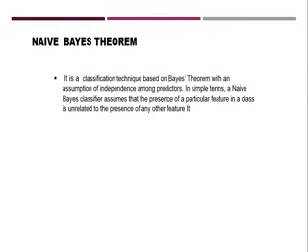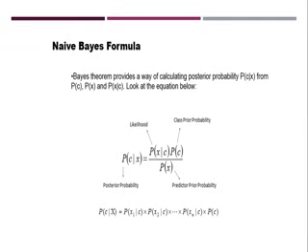Question number 4. Disadvantages of the Naive Bayes classifier. Option 1, Naive Bayes assumes that all features are independent or unrelated, so it cannot learn the relationship between features. Second option, it performs well in multi-class prediction as compared to other algorithms.